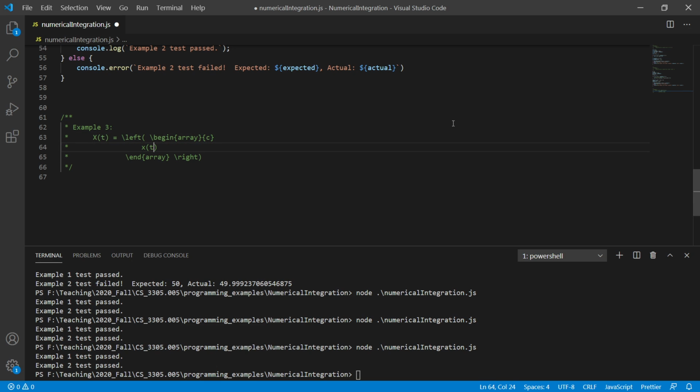So the first value is the value of x at that particular time. The second entry in our vector is the value of y at that particular time. The third entry is the angle with the horizon at that particular time.